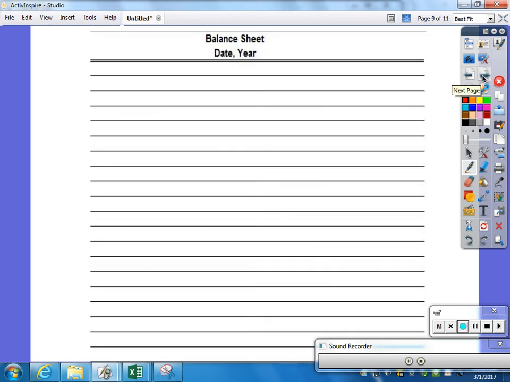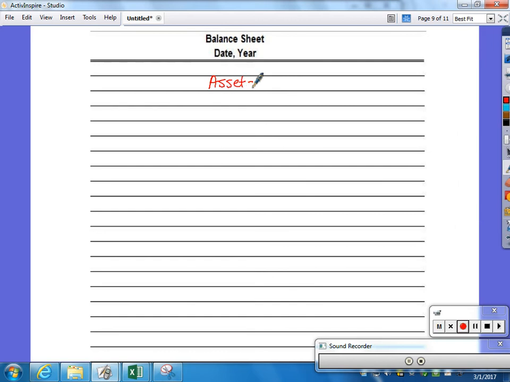And we start off with our assets, which are cash, accounts receivable, office supplies, prepaid insurance, computer equipment, accumulated depreciation.